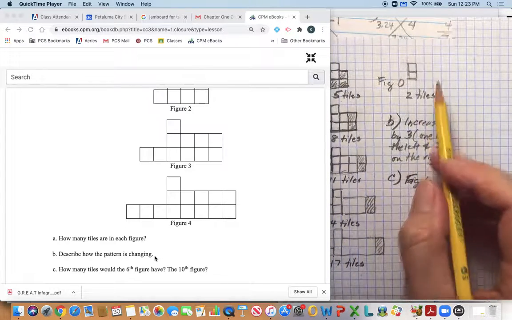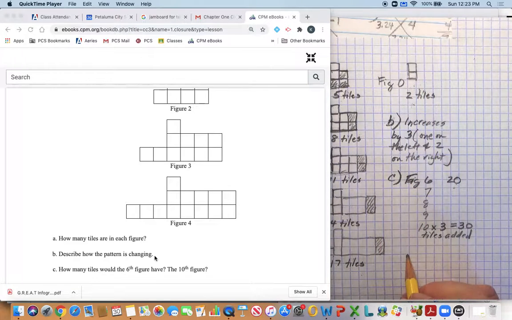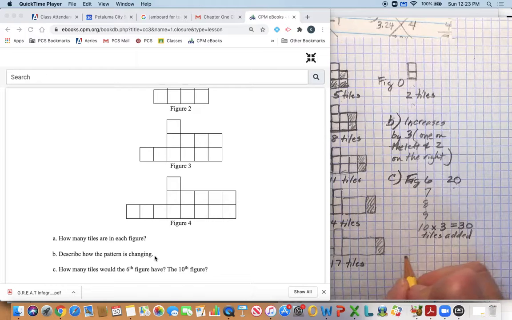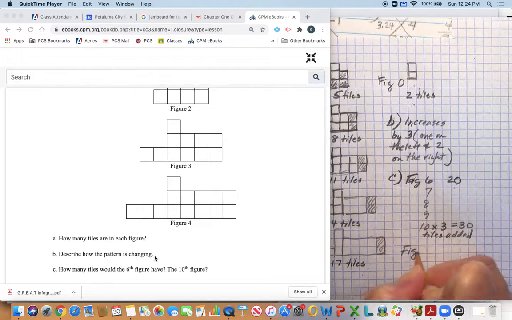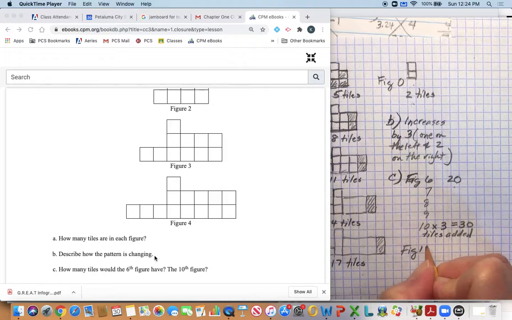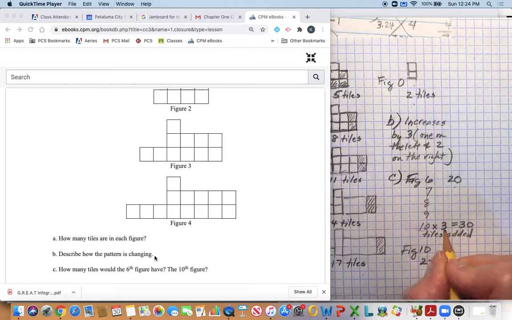And before I started this whole thing, I had 2 tiles. So for the 10th figure, I start out with 2 tiles plus the 30 tiles that I added, by going 10 times, I added 3. So that's 30.